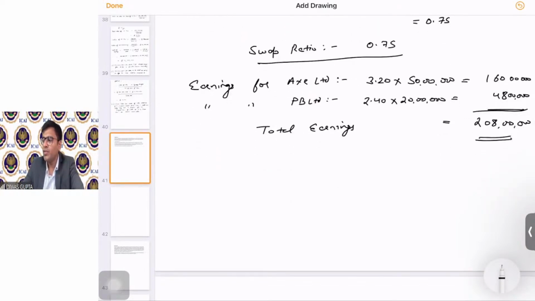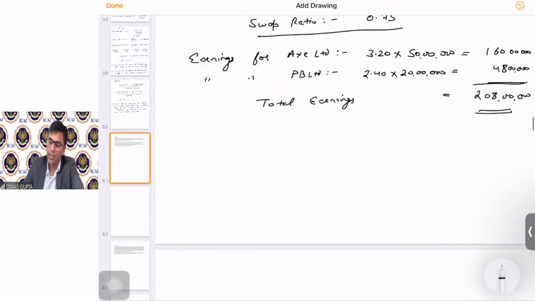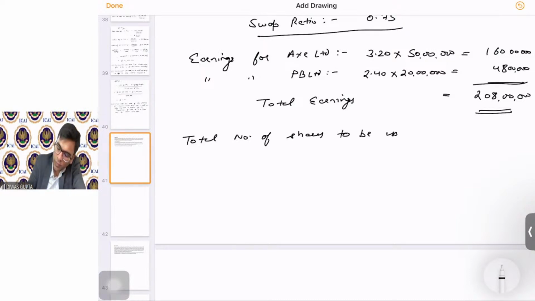Okay, so the total number of shares to be issued basis this swap ratio is how much? Because now for calculating the post-merger EPS, we have the total earnings, right? We need the total shares. For total shares, we already know the current number of shares. For the incremental number of shares, we can simply calculate. So total number of shares to be issued is 0.75 into 20 lakhs, right?